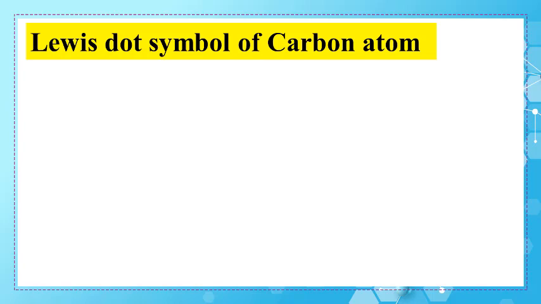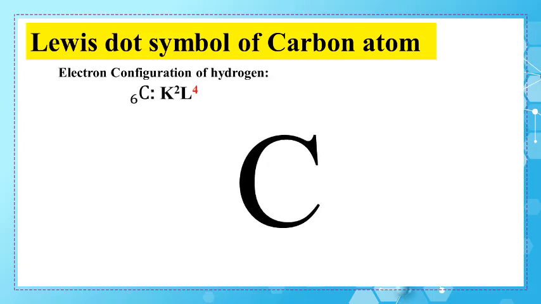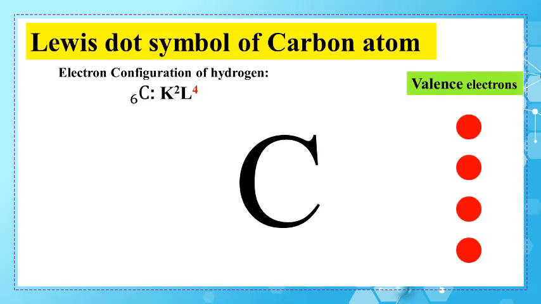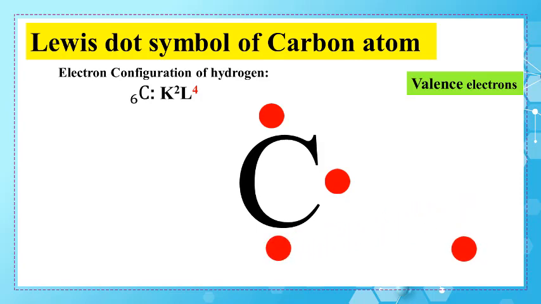For writing the Lewis dot symbol of carbon atom, the electron configuration of carbon is K2L4. The number of valence electrons is 4, and these 4 electrons will be placed on the 4 sides of the carbon atom. They will be placed as odd dots. We cannot place 2 dots beside each other.